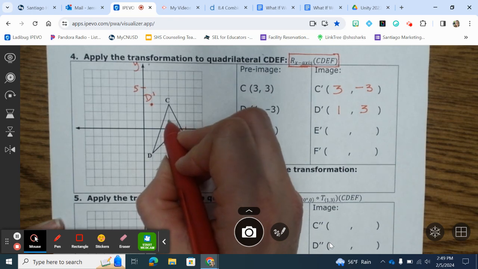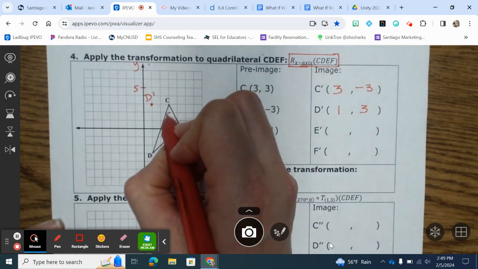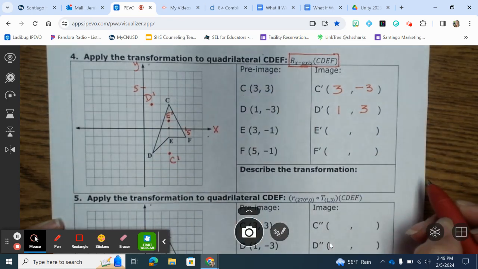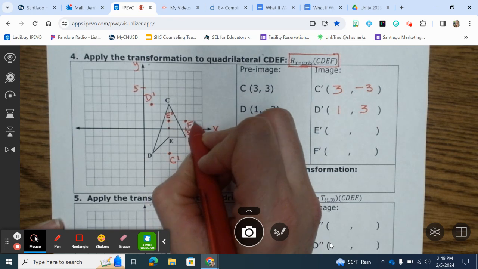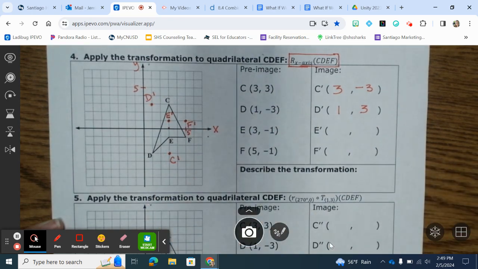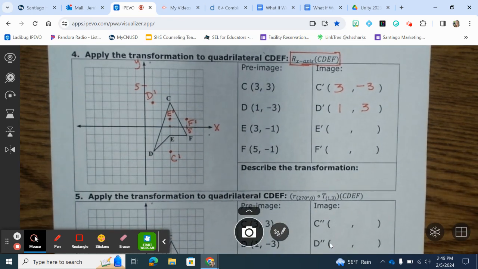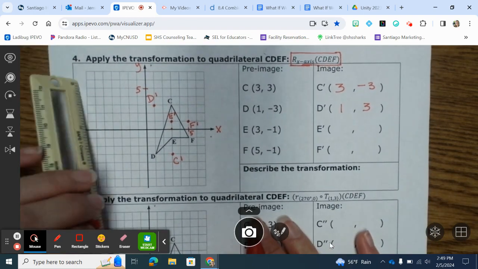E is 1 unit from the x-axis, so I'll go 1 unit past for E prime. F is 1 unit away from the x-axis, so I'm going to go 1 unit past. And then connect.